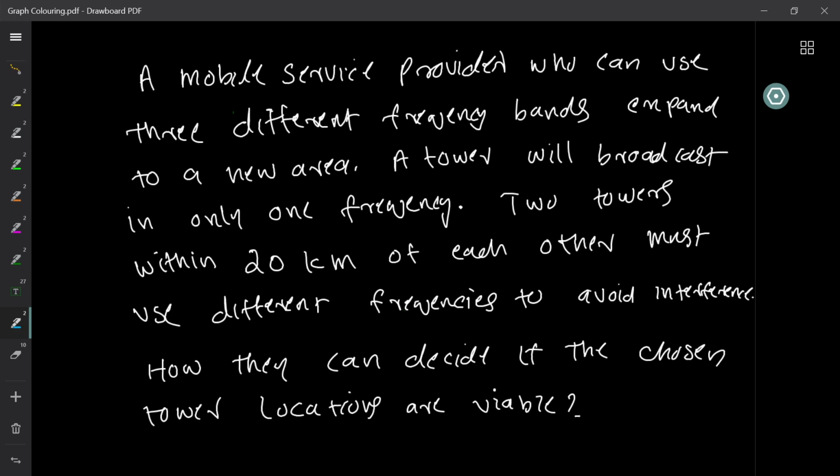So is it possible to do that with the current setup? Otherwise, they have to change the layout and then find a better one. So this is a typical question that we want to answer.